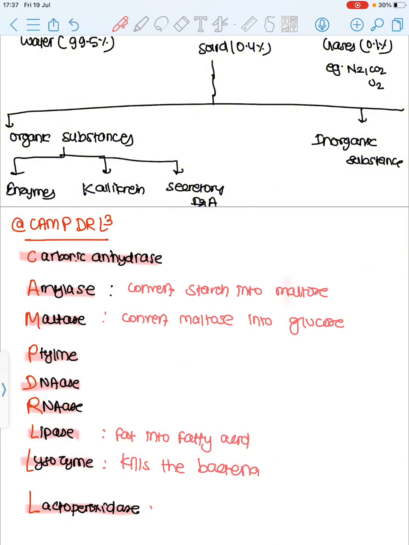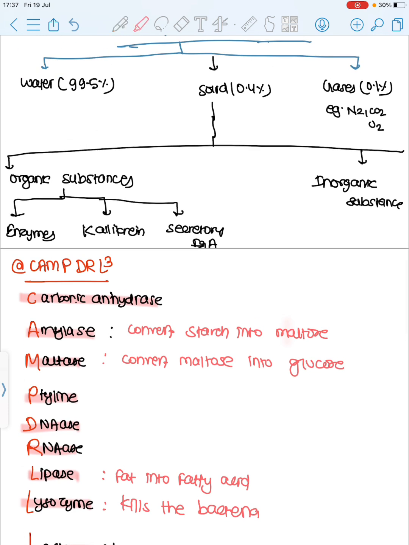And then we have kallikrein, which converts alpha 2 globulin into bradykinin, which is a vasodilator. Secretory immunoglobulin A inhibits the growth of harmful bacteria.